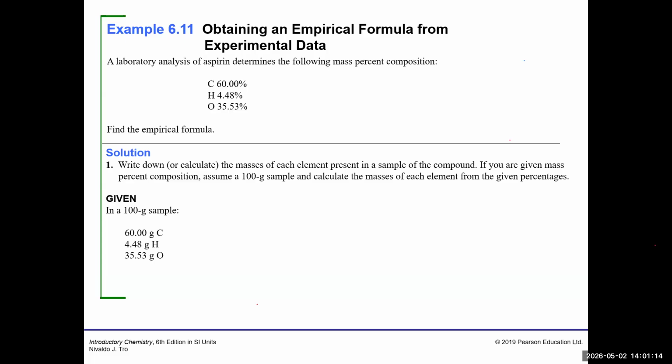Once we get the grams, we multiply 100 grams times 0.6, 100 grams times 0.0448, and so on. Once you get the grams, you go back to the first formula that we used to get the empirical formula. Let's keep on moving.